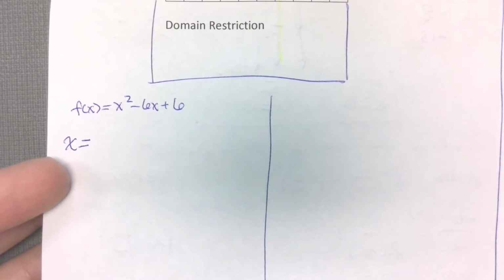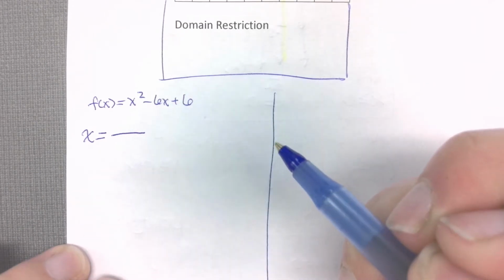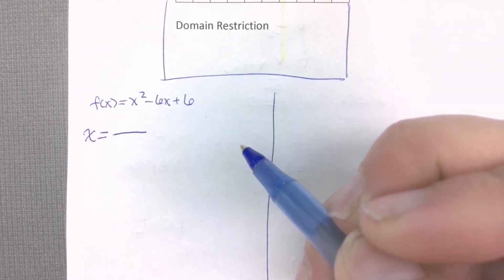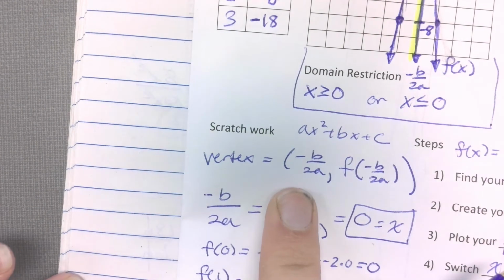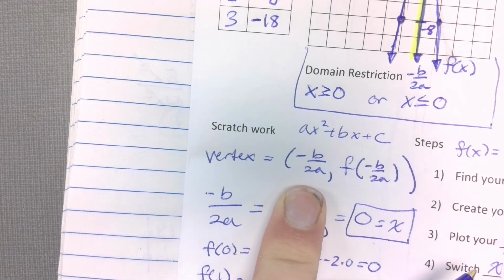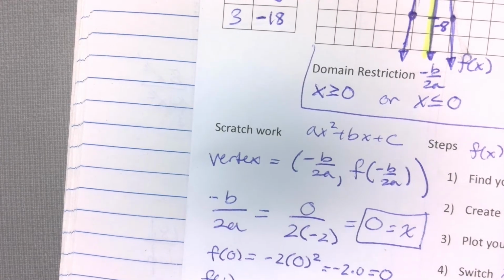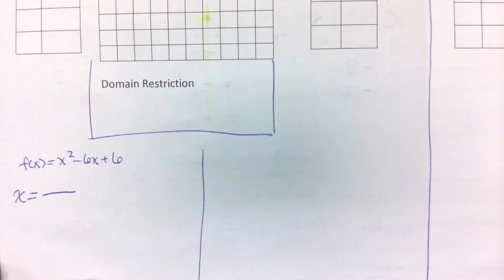Flip to the front. Guys, what's the formula to find the vertex? It's on the front. It's right here. Negative b over 2a. I like to think of it as the opposite of b.